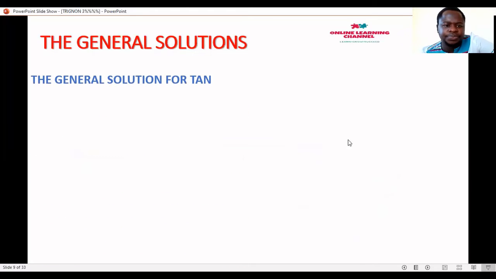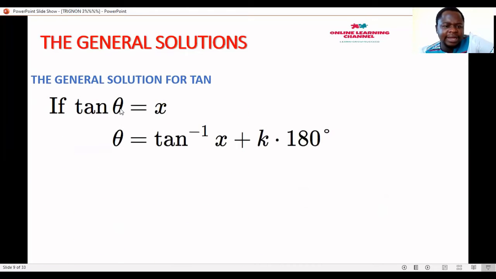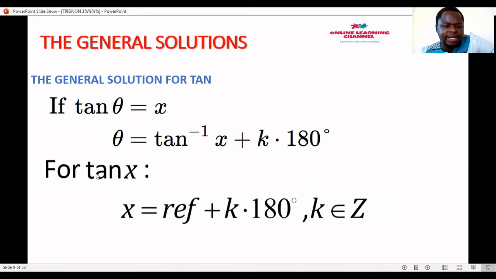So for tan, if tan theta is equal to x, then theta will be equal to arc tan x plus k multiplied by 180 degrees, whereby k is an element of the integers. And for tan x, x is equal to the reference angle plus k multiplied by 180, where k is an element of the integers.